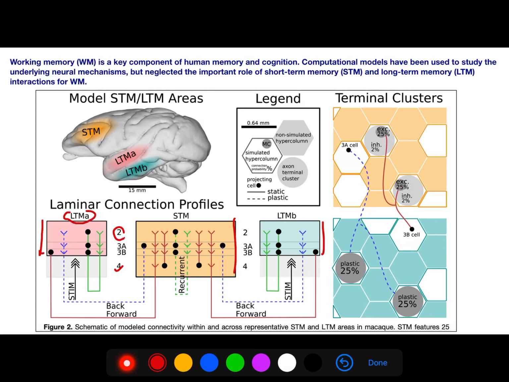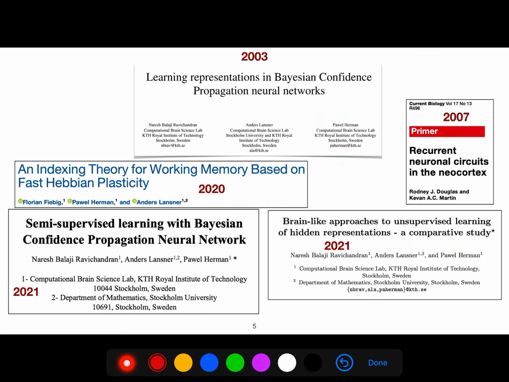This stands for long-term memory. This stands for short-term memory. So you see how these interconnected networks of recurrent networks can represent almost all parts of your brain. So let's focus on this important article in 2003 by Anders.